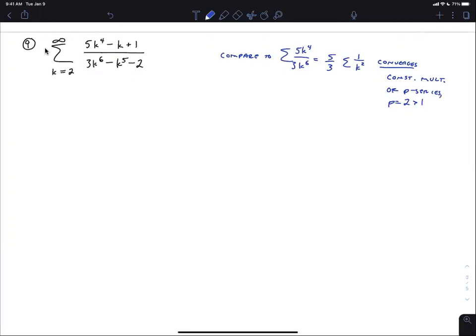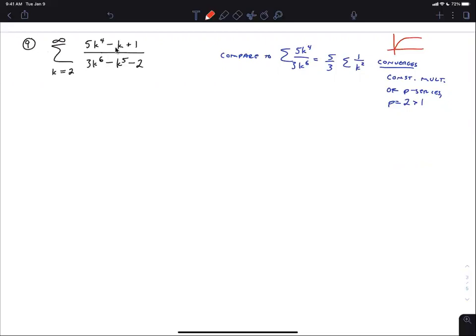Now, graphically, we can think of that as meaning, well, since it's all positive, if it converges, it continues to go up, but it levels off. So we would like the original to be what? We want the original to be bigger than that or smaller than that? We want it to be smaller.